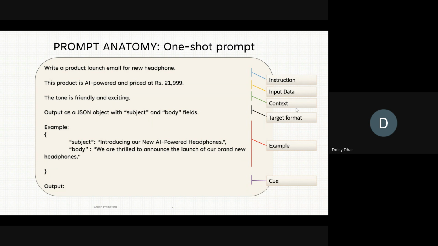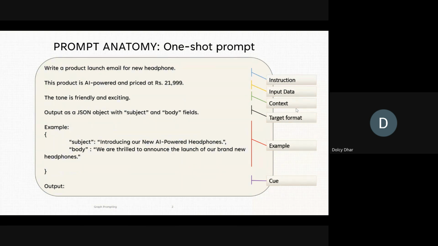Right now, suppose you have joined this webinar. The context is the webinar on AI, the instruction would be to conduct a webinar on graph prompting, and the input data would be all these PPT and information. So this is how you explain what a prompt does. It lays out a blueprint for the LLM to follow or carry out.